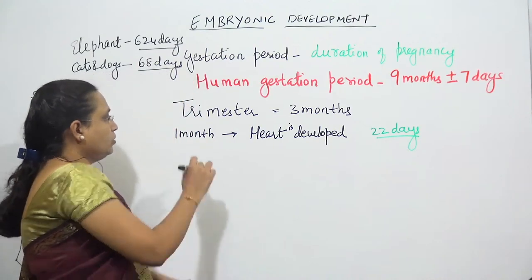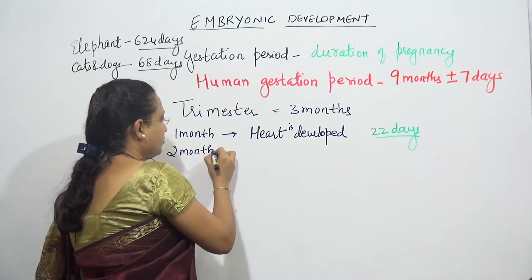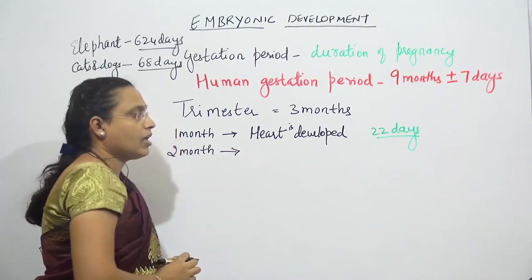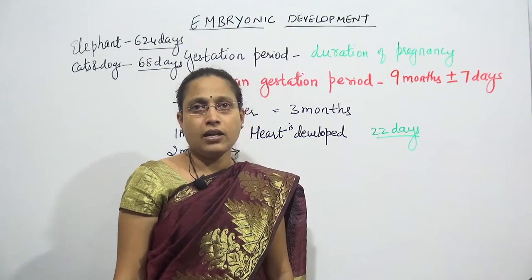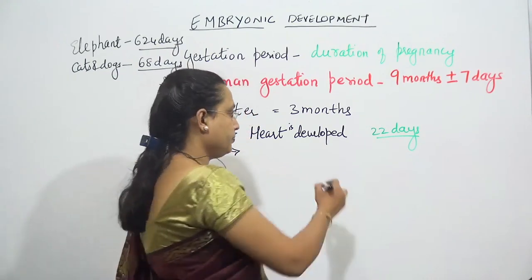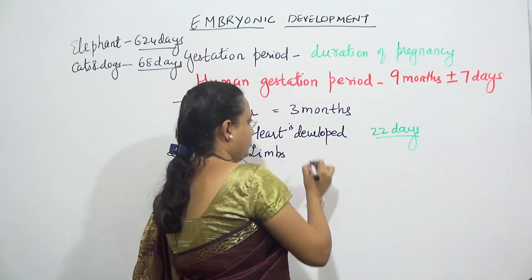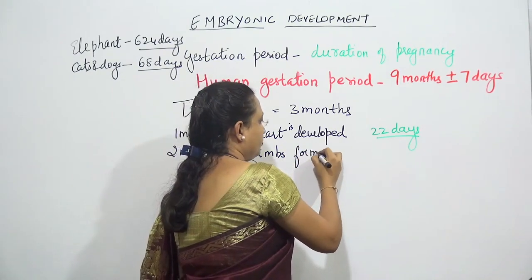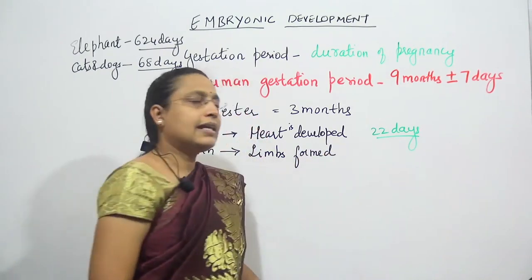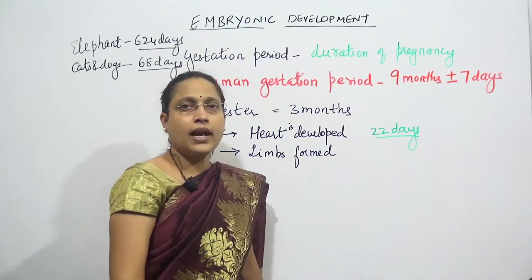Then coming to second month. In second month, limbs will start forming. That is hands and legs. Limbs here means forelimbs and hind limbs.